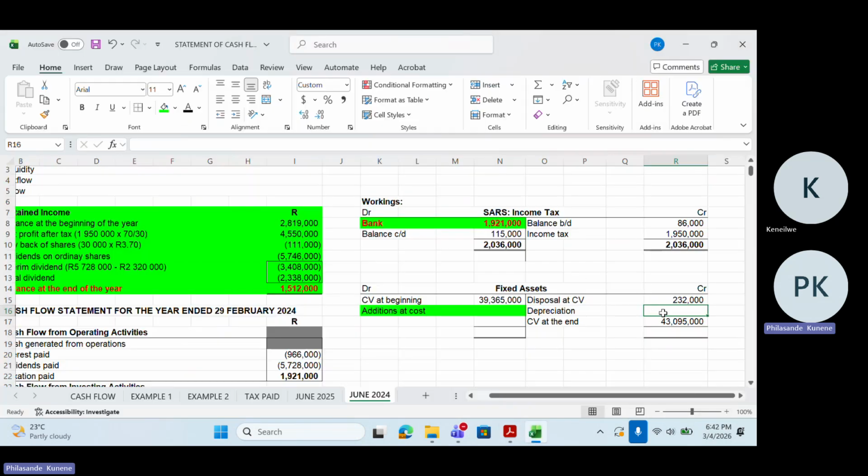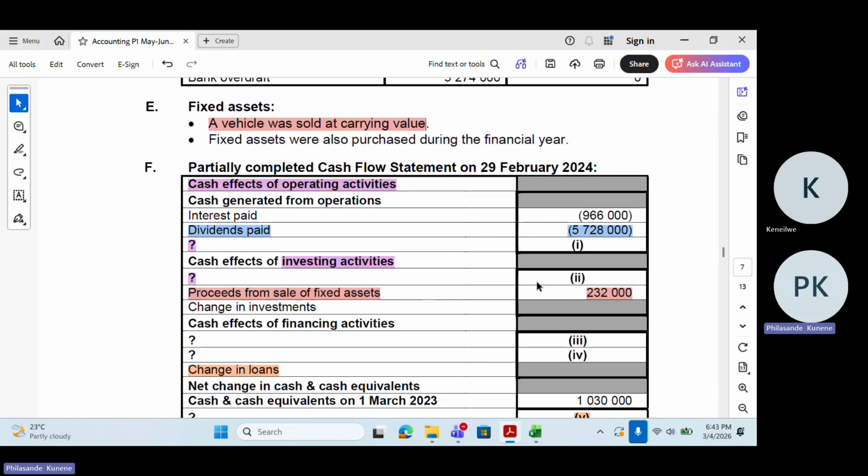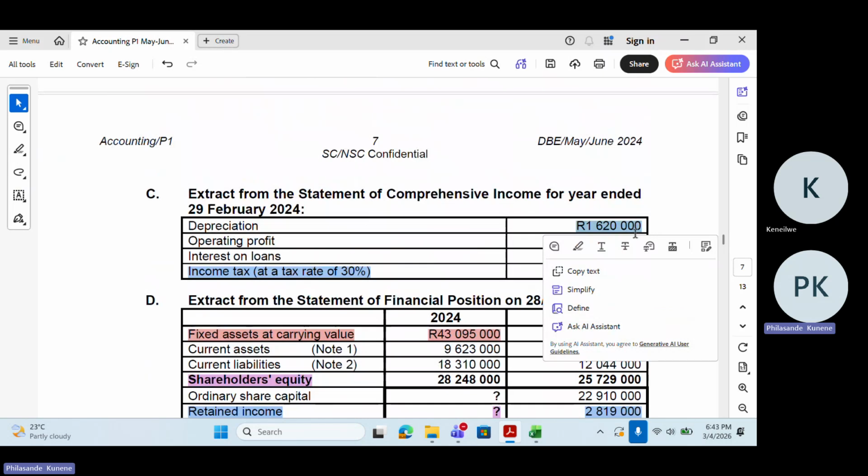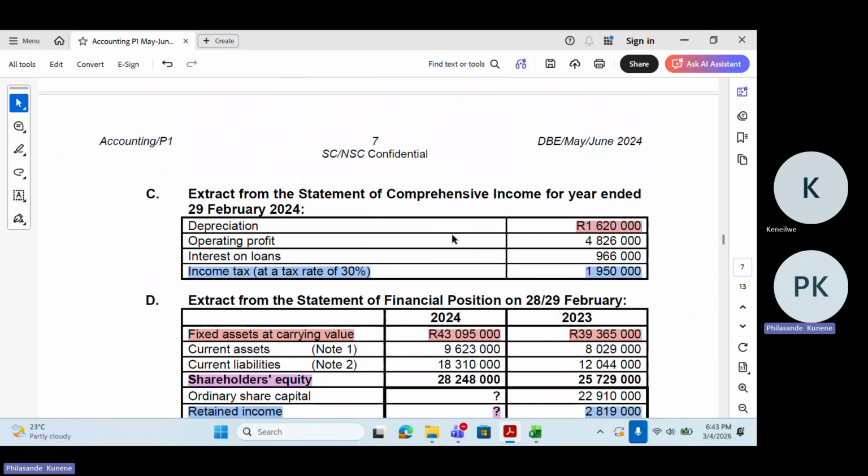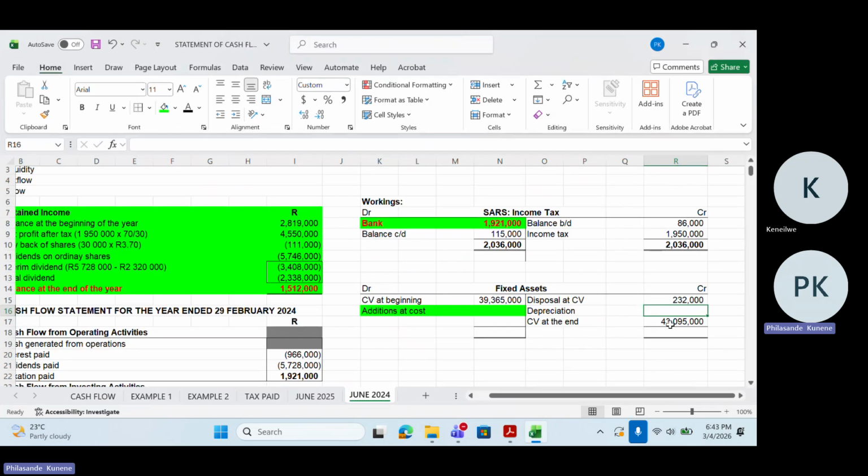And then the depreciation they gave me on top, which is 1,620,000 rands. So that is the depreciation for all the assets.